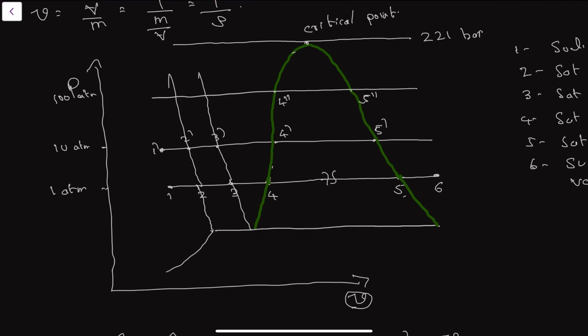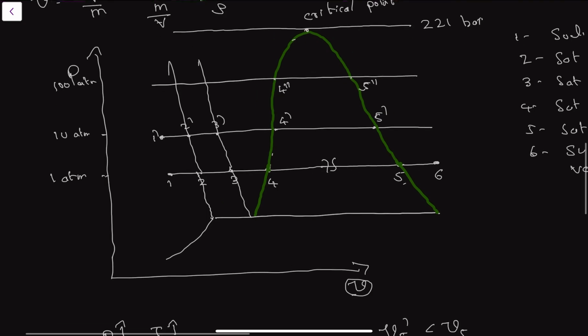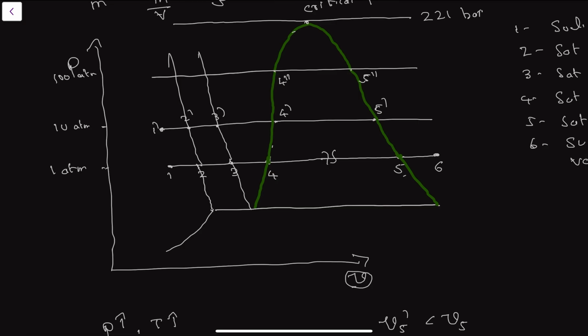That means I am reducing the pressure. See, this is for 1 atmosphere, so I can do it for maybe 0.5 atmosphere. So again you will get a curve, and if you go below this particular pressure, you can see that here.